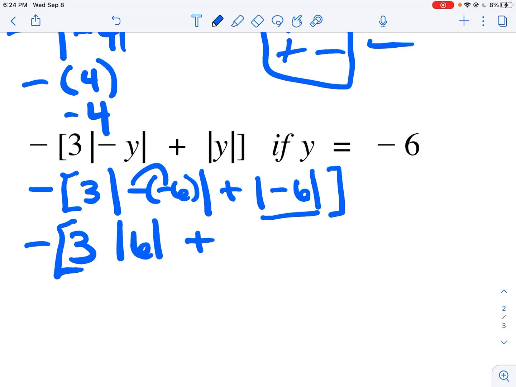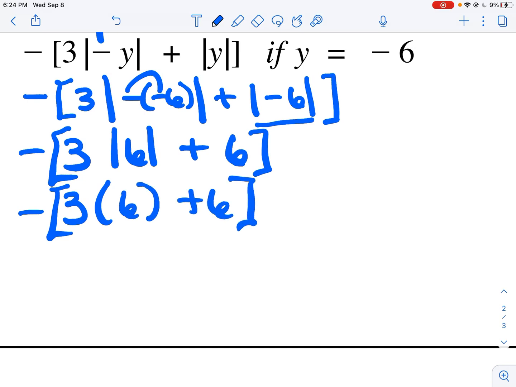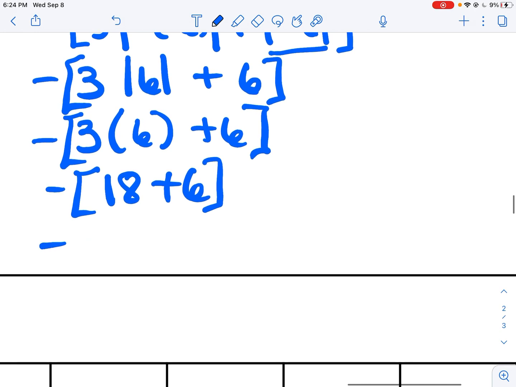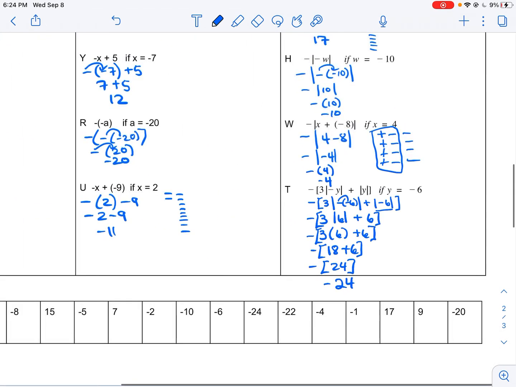The distance from 0 to negative 6 is positive 6. The distance from 0 to 6 is 6. Multiplication comes before addition, so 18 plus 6. So the opposite of a positive 24 is a negative 24. So I hope that helped you.